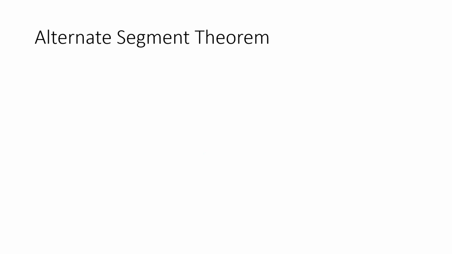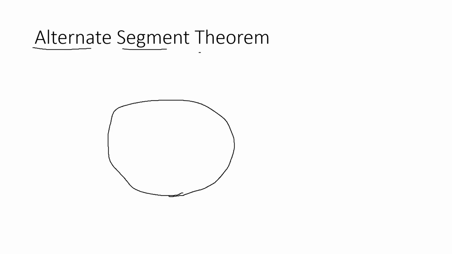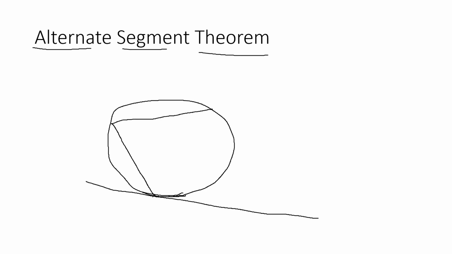And finally, circle theorem number 8 is something which we call the alternate segment theorem. This one is the only one where you actually need to memorize these 3 words. Okay, so write it down if you haven't done so already. This involves a tangent, and we have a triangle that looks something like this.